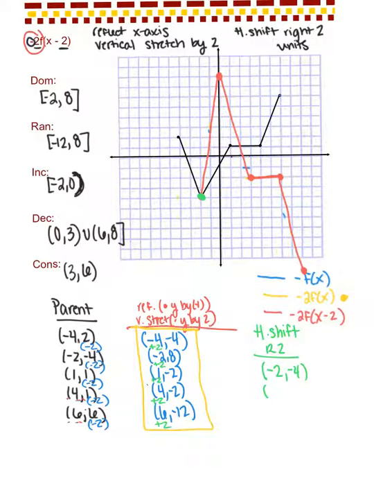Next point will be 0, 8. Here it is. Third point will be 3, -2, this point here. Next point is 6, -2, this point here. And then the last one is 8, -12. And there it is.